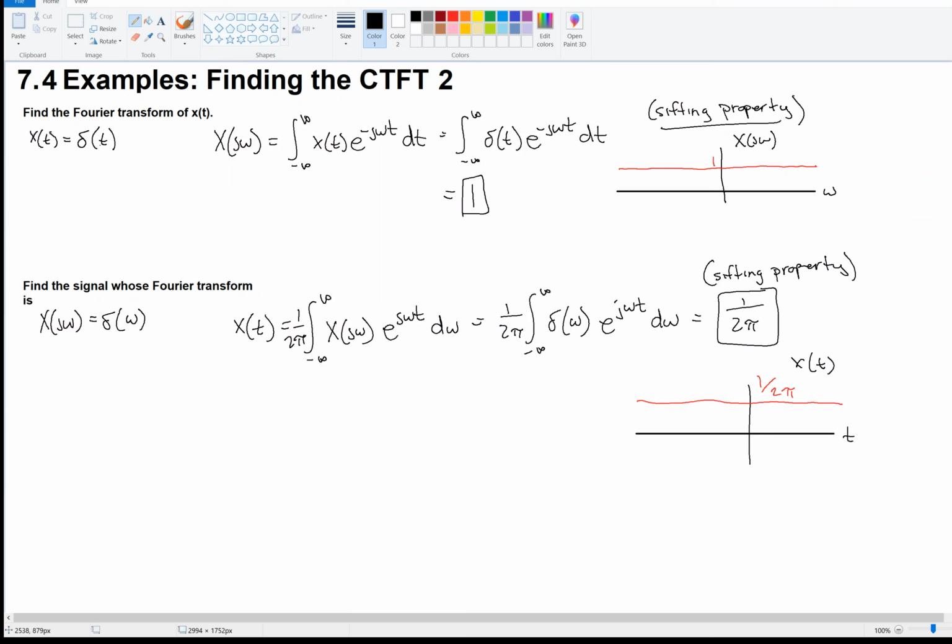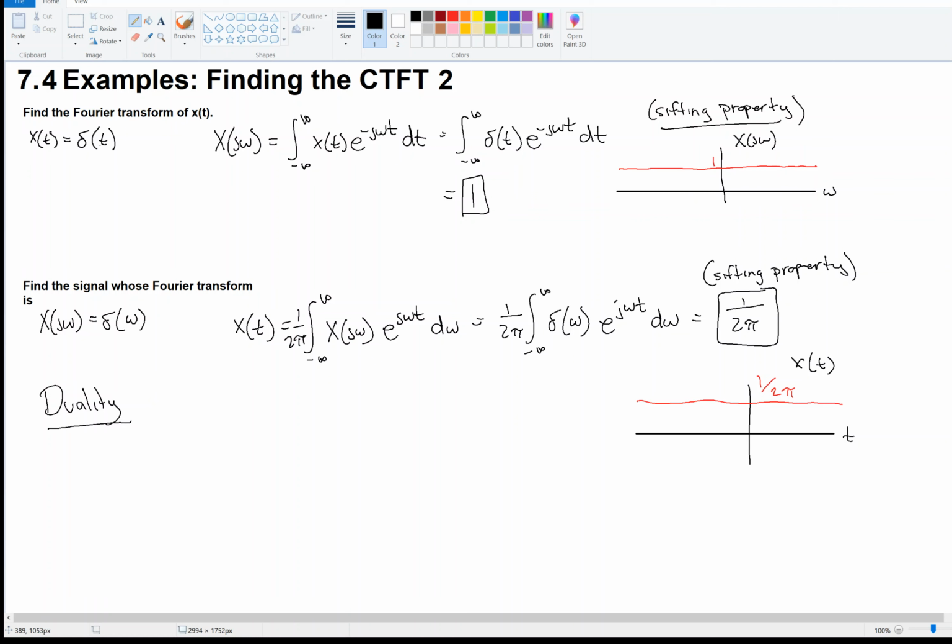Now, why did we do those examples? First of all, we need to brush up on our sifting property, but I want to show you two properties of the Fourier transform that are on display here. Duality is the first one.